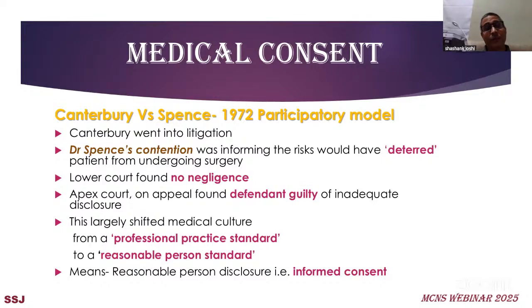However, upon appeal, the apex court held the doctor guilty of inadequate disclosure. So during this case, there was a paradigm shift of medical culture from professional practice standard to reasonable person standard. So what does reasonable person standard disclosure mean? It is only informed consent.